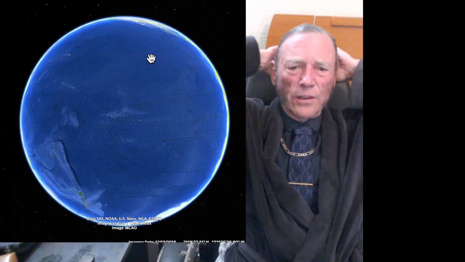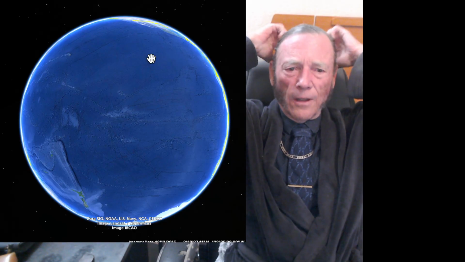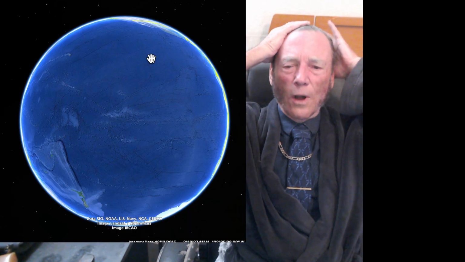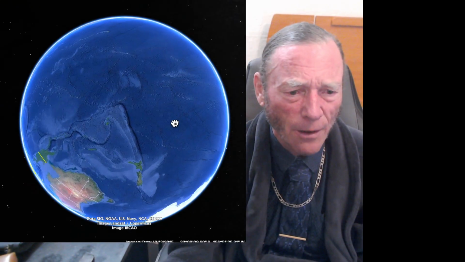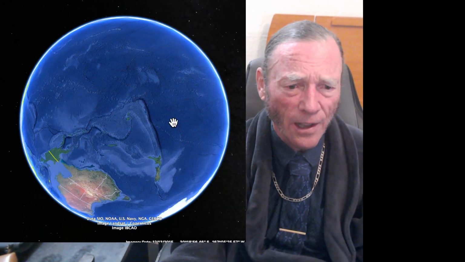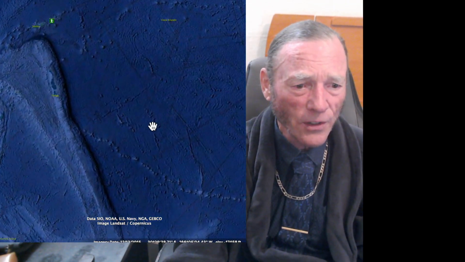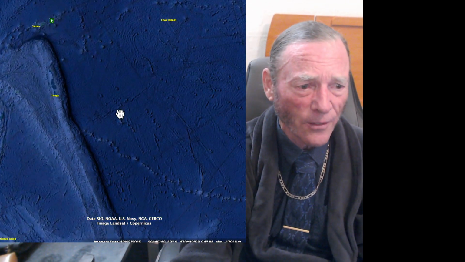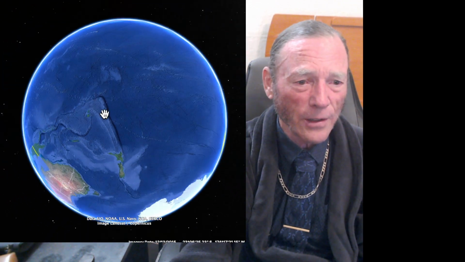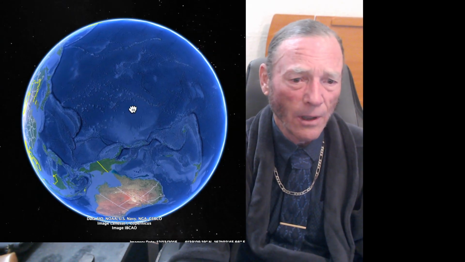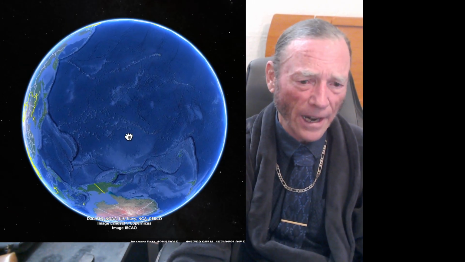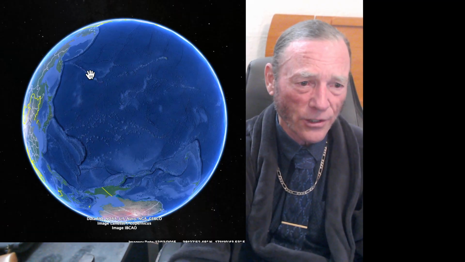Well, that's kind of unusual for a planet to have so much water on just one side. And you notice that down here, now we're getting, oh my God, what the hell is that? Well, it's another giant trench. I think you can see it just winds around here like something really dramatic happened, because look at these trenches.